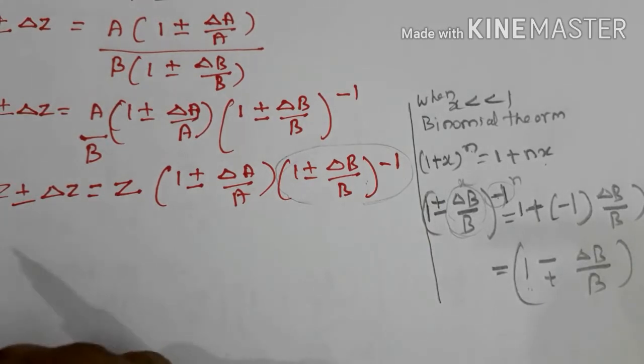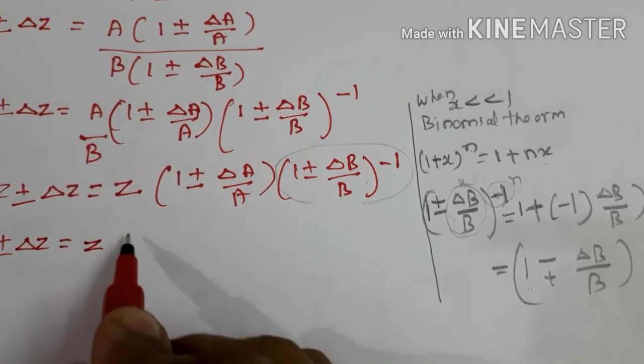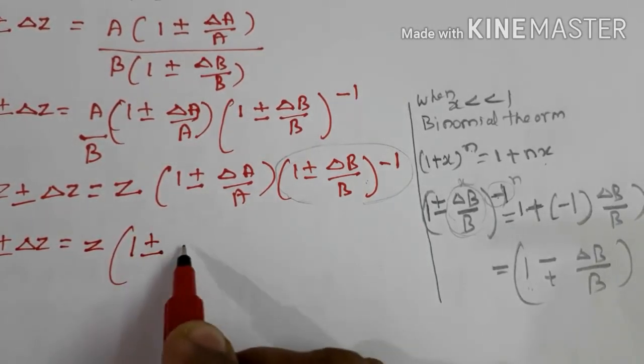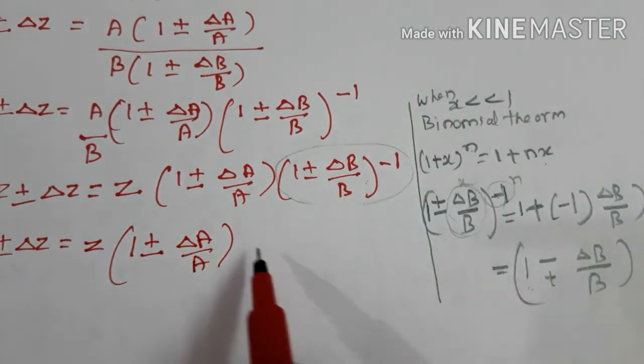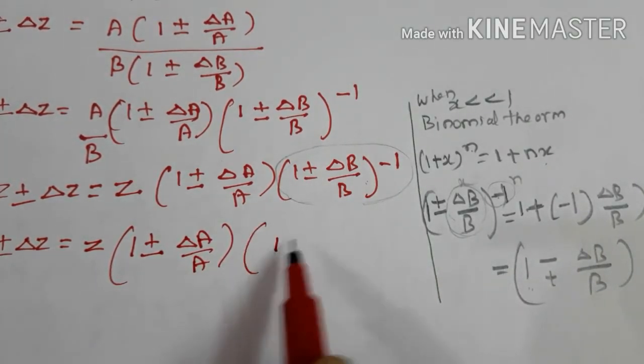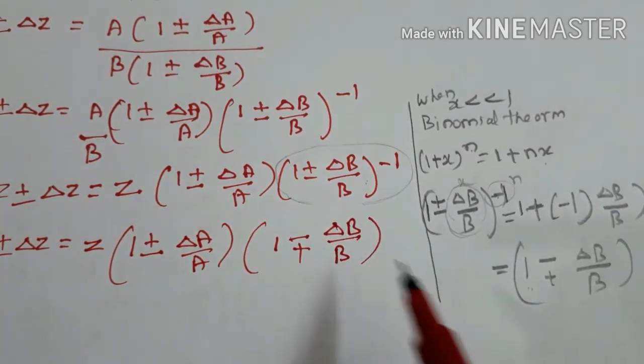Okay. So Z plus or minus delta Z is equal to Z into, write as such, 1 plus or minus delta A by A. For this term you have applied the binomial theorem, and what did you get? 1 minus or plus delta B by B. Okay.